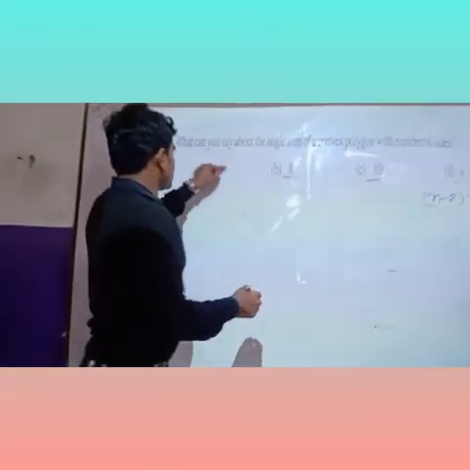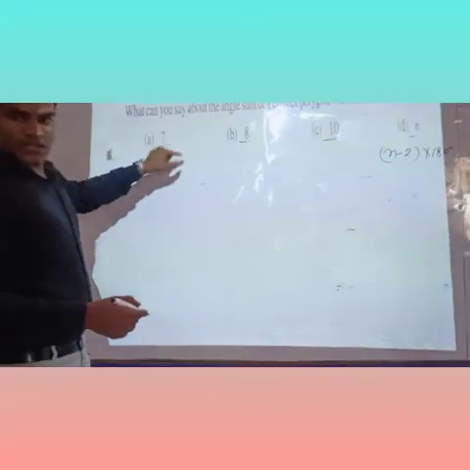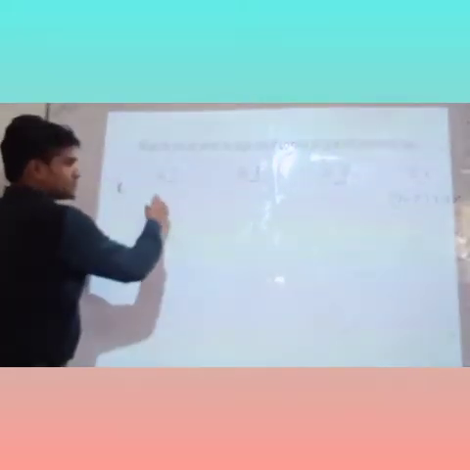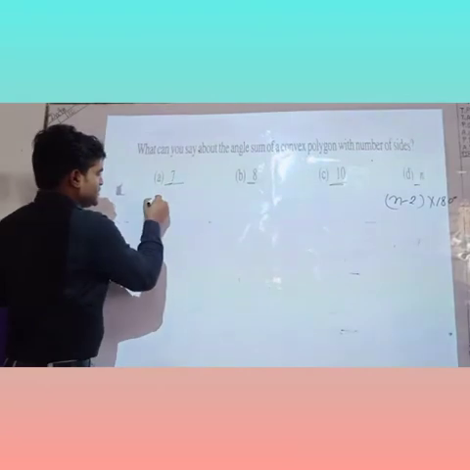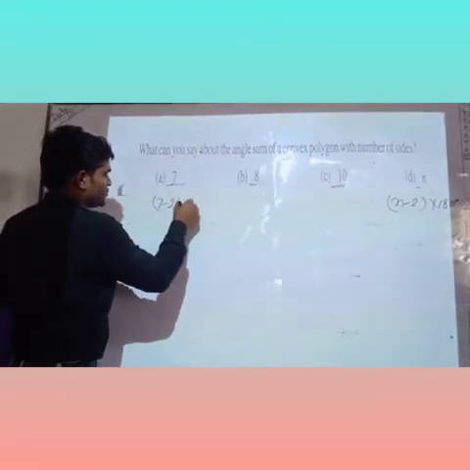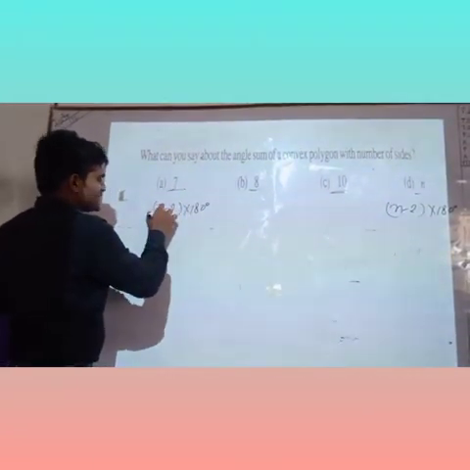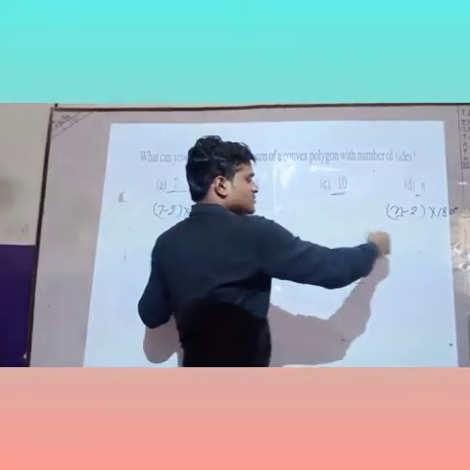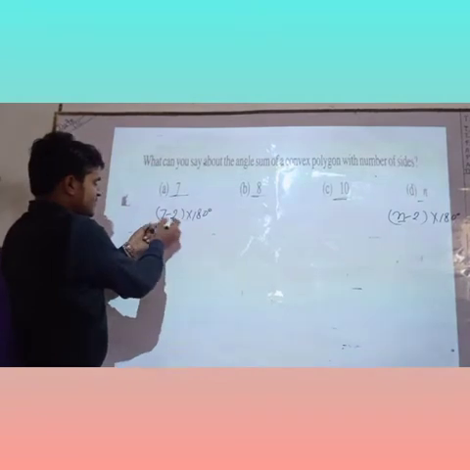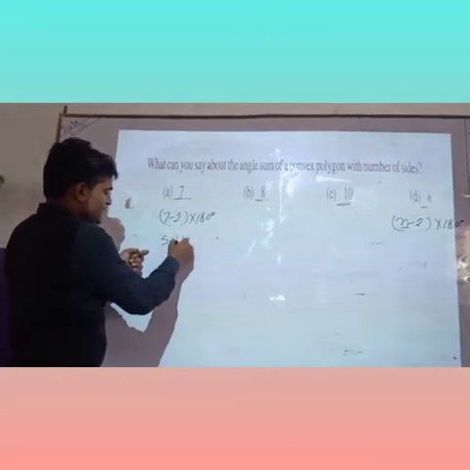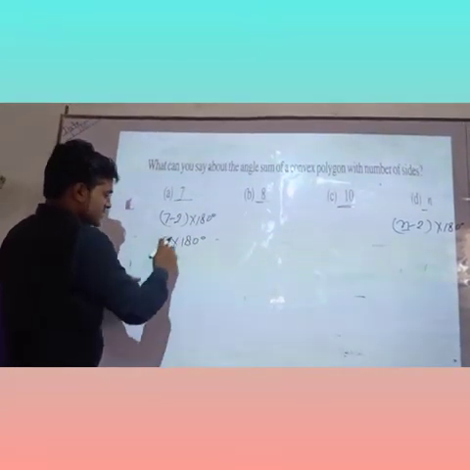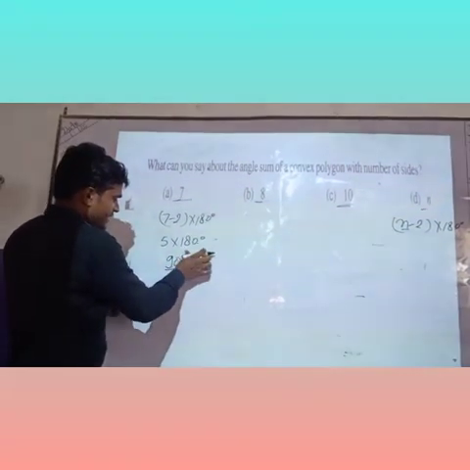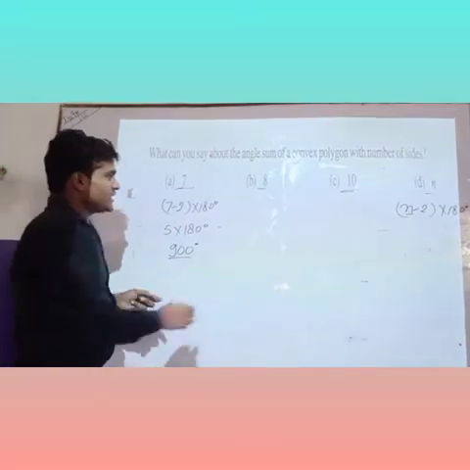So children, what is the sum of interior angles of a polygon having 7 sides? n replaced by 7, (7 minus 2) into 180 degree. Why 7? Because 7 is the number of sides. So 5 into 180 degree, 18 times 5 is 90, so 900 degree. Okay, children.